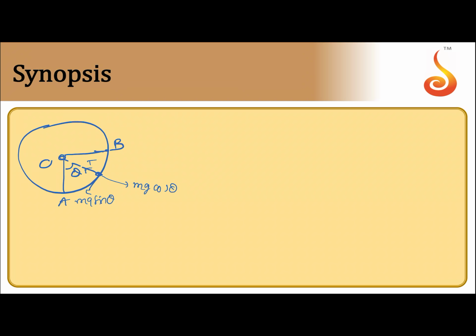During this journey, that means from A to B, the tension in the string is given by mg cos theta plus mv² divided by r. That's right. So mv² by r provides the necessary centripetal force. What is that equal to? T minus mg cos theta.